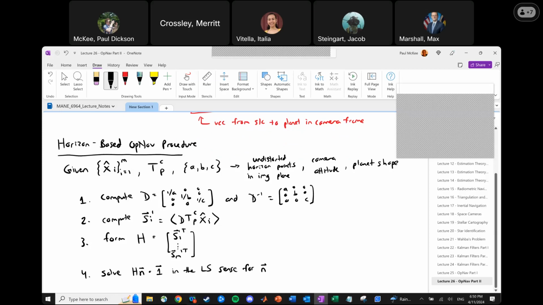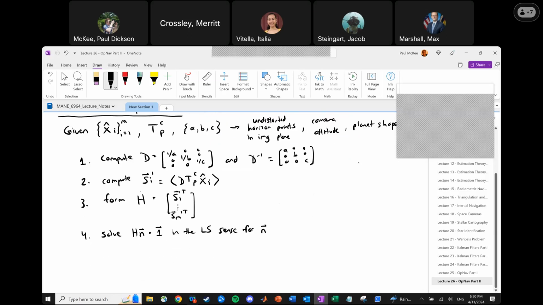And then step 5 is that the position is (n transpose n minus 1) to the negative 1/2 power, T_P-to-C, D inverse n.